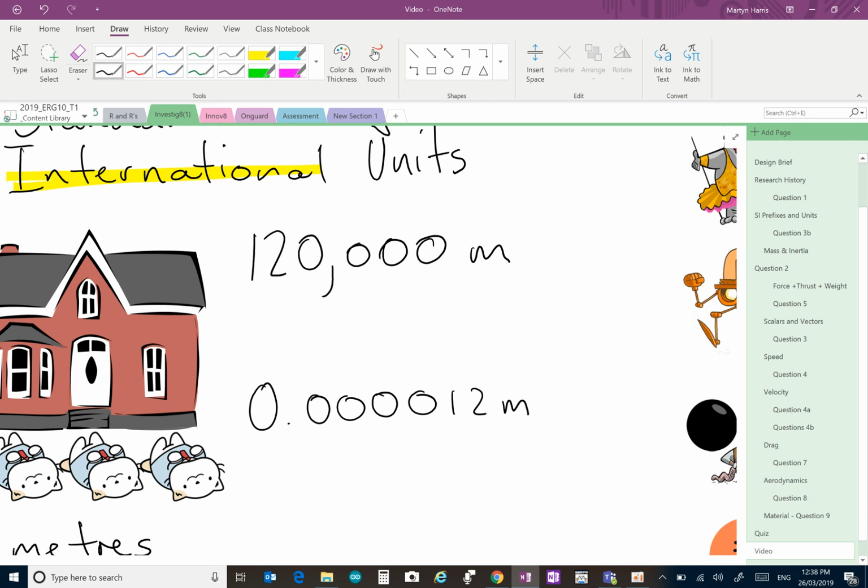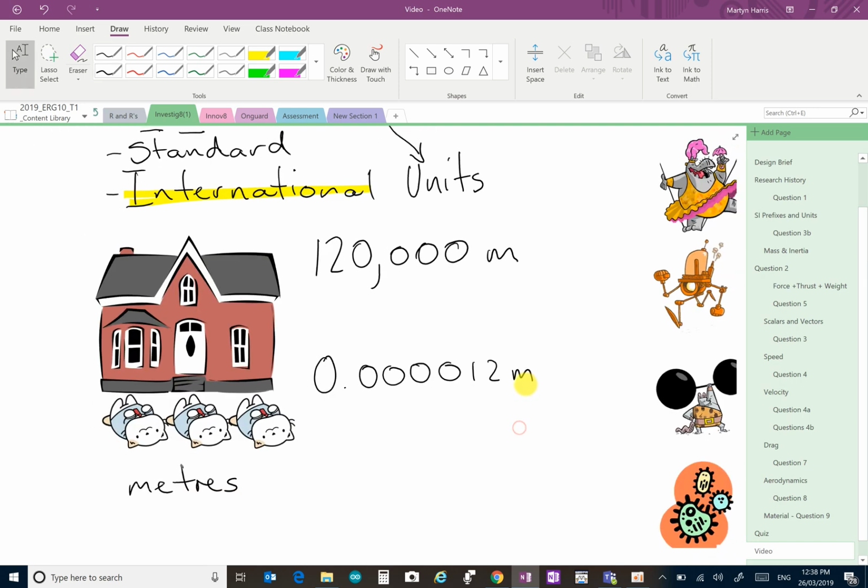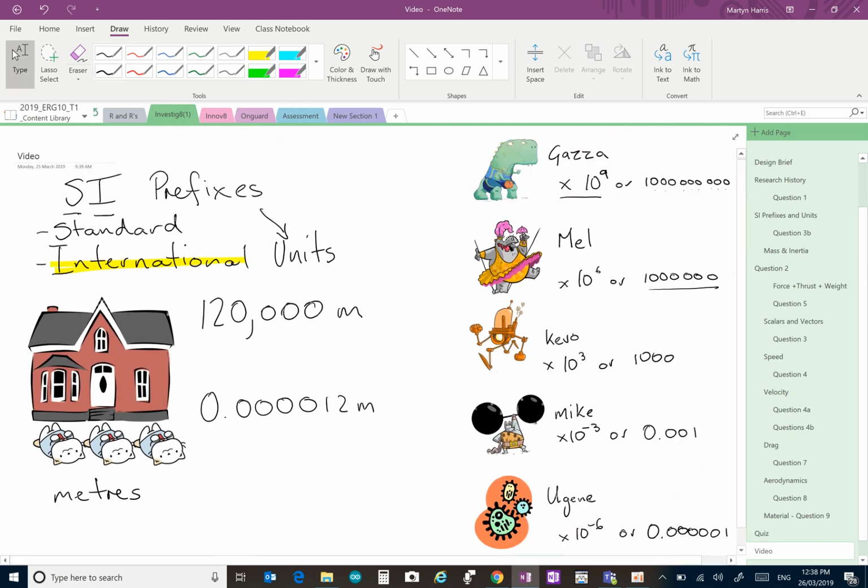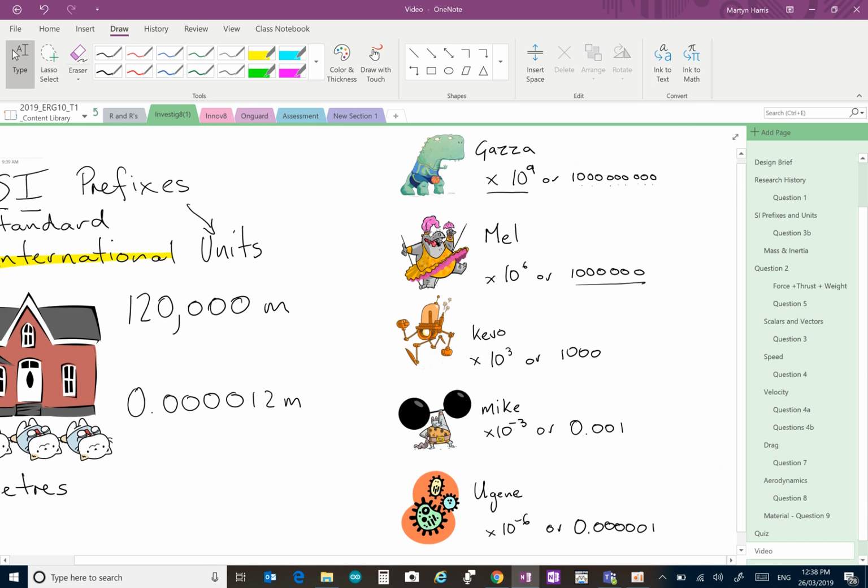Now let's use something a little bit unorthodox to do this so I can explain the concept to you. I've got some of my friends and they have different values attached to them. Gaz is a dinosaur and he's worth 10 to the power of 9 units, which is a billion. We've got Mel, worth 10 to the power of 6, which is a million.